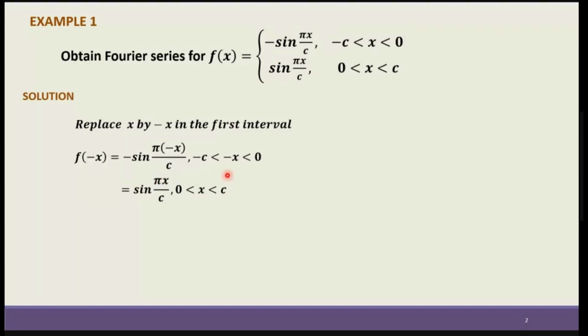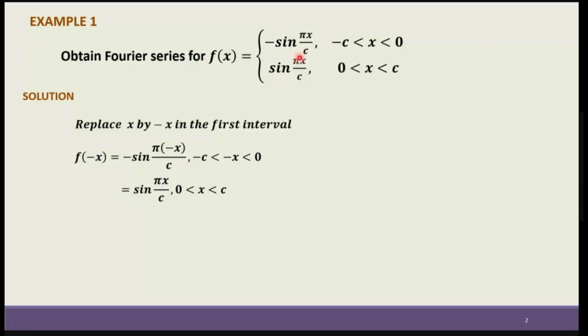What was the second interval given? Sine pi x by c for 0 less than x less than c. So when I put x equal to minus x in the first interval, if I get the second interval, then the function is an even function. If the answer we get is minus of the second function, then it is an odd function.